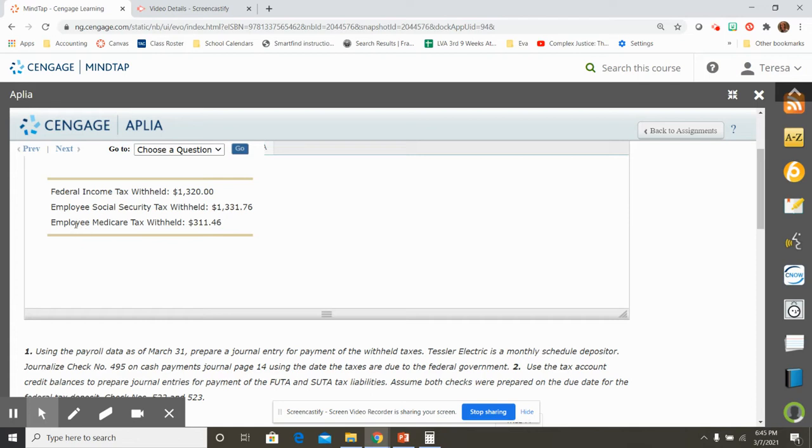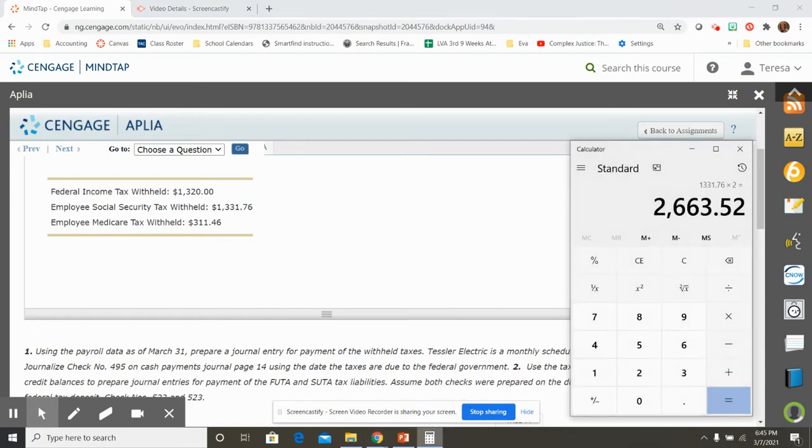So we're going to look at the employee Medicare tax withheld. And again, we need to double it because we don't have the other part of the information. We don't have the employer portion. So we're going to multiply that by 2. And that's going to be $622.92.